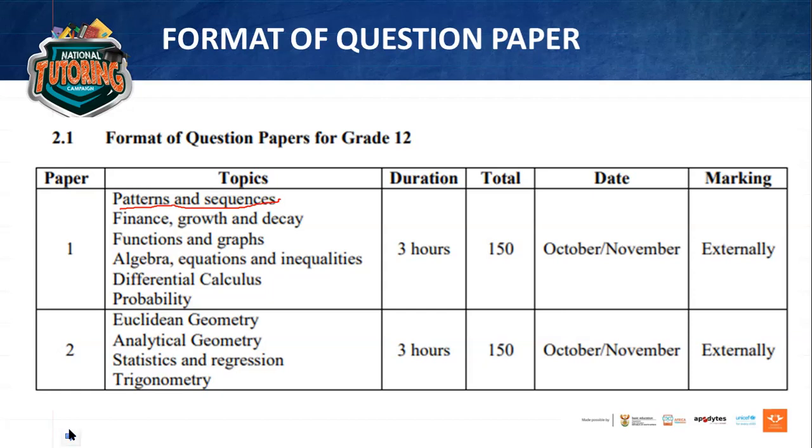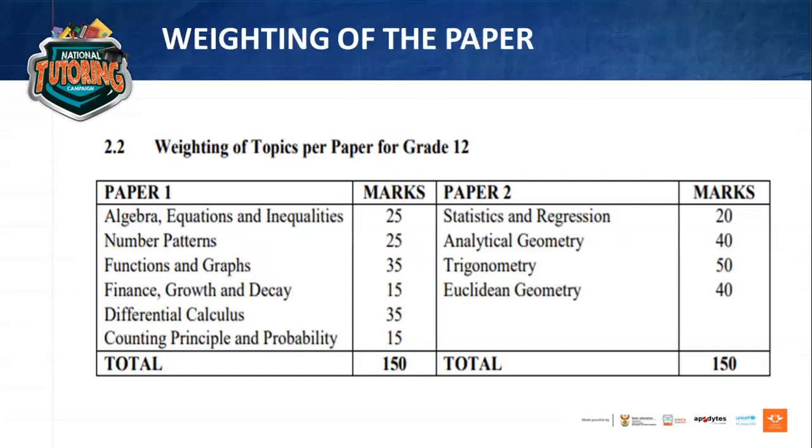So let's check how many marks we are expecting to get from this particular topic. This was just part of the format of the paper, which I shared with you last week. Now let's look at the weighting of the paper. Last week, we did algebra, equations, and inequalities. I hope you enjoyed your session of last week.